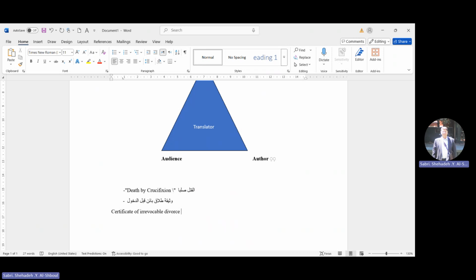Irrevocable divorce before consummation of marriage, right? So this is actually the typical translation that goes with وثيقة طلاق بائن قبل دخول.